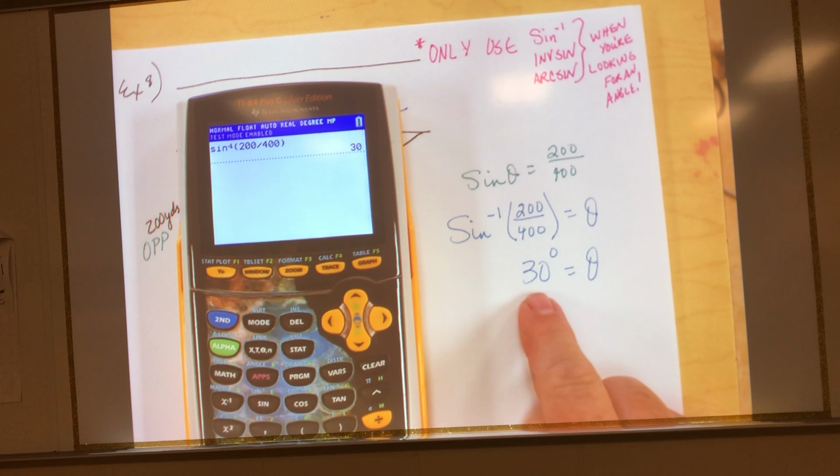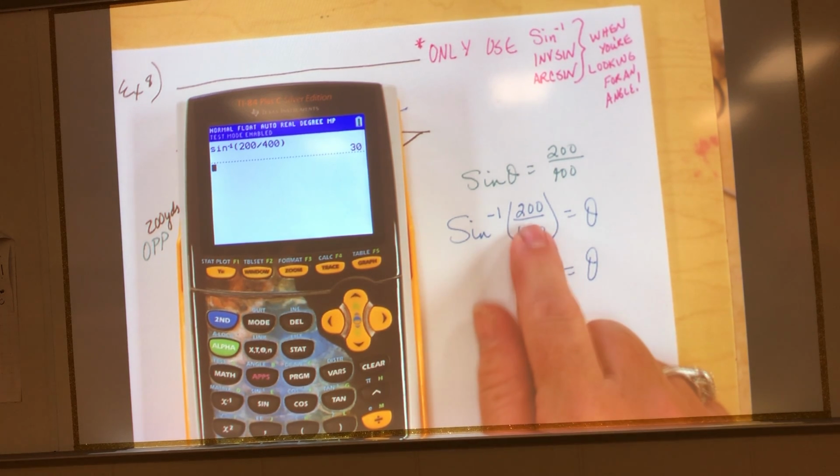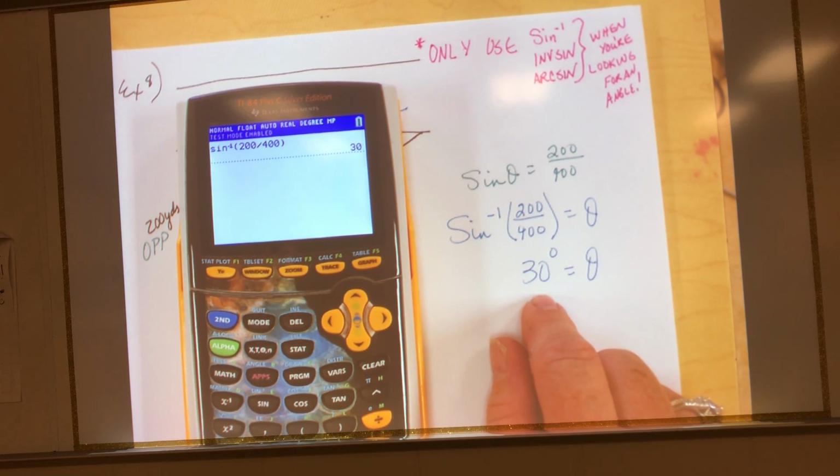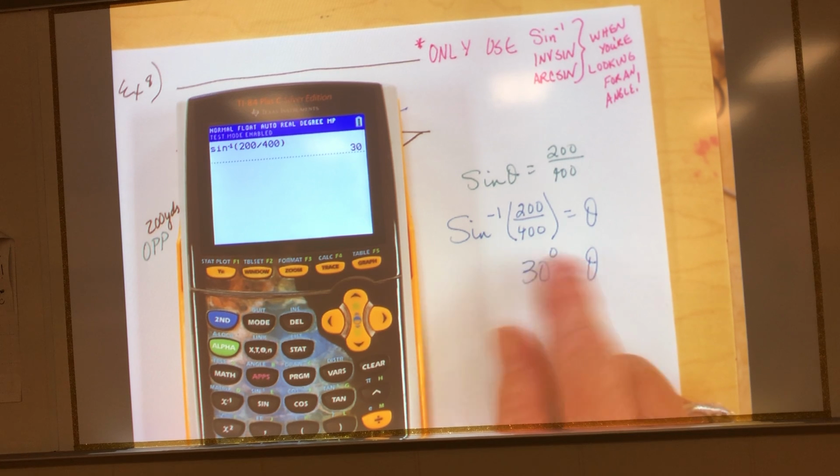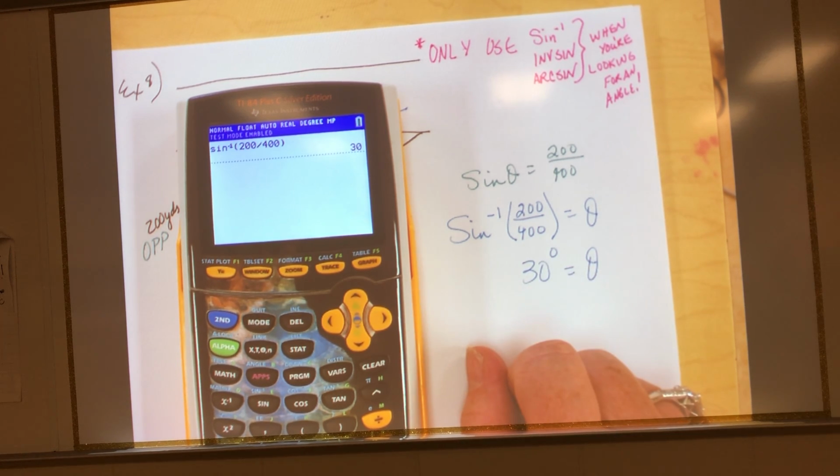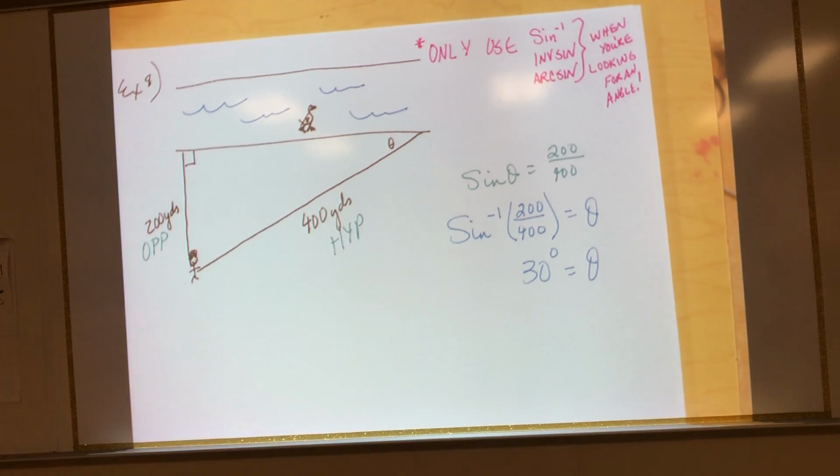Now, we knew that, didn't we? Because 200 over 400 is 1/2. The sine of 30, who's opposite the 30 in the right triangle? 1, and the hypotenuse is 2. Who's opposite the 60? The square root of 3. See what I'm saying?